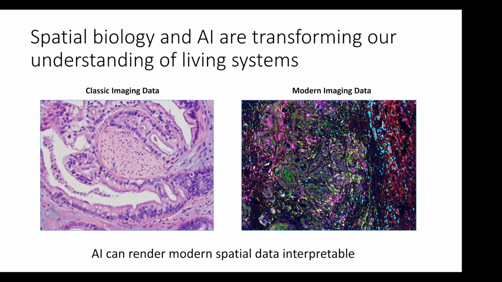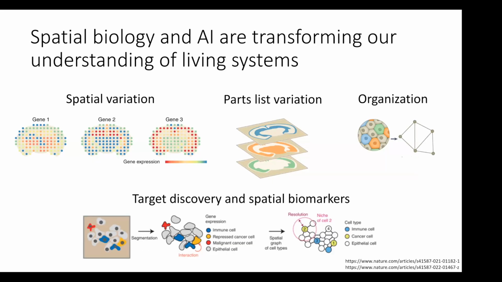What my lab has been focusing on the last few years is building AI systems that can render this modern data interpretable. So rather than looking at this image and getting a headache, you can see where the cells are, the relevant cell types, spatial patterns and whatnot, and have the AI methods make that latent information accessible to you in a way that the human brain can understand.